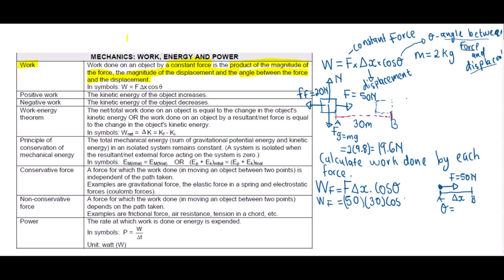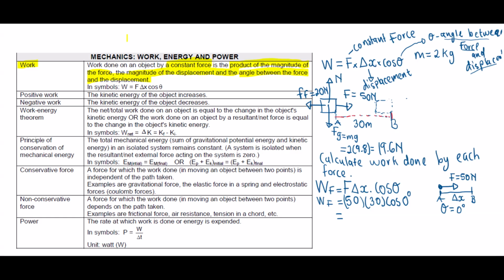It is always the case that if the force is going exactly in the same direction as the displacement, we are going to have the angle theta as 0. So you just put 0 degrees there, and then you punch it on the calculator: 50 times 30 times cos 0 degrees.